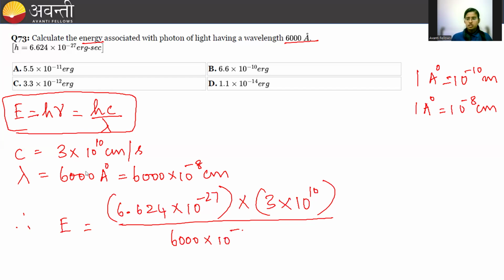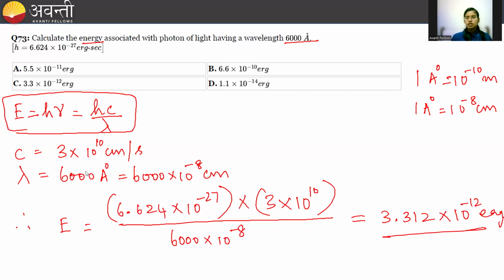I can keep it as such also. Now, if I multiply and divide, I will get the final answer as 3.312 into 10 to the power minus 12 erg.